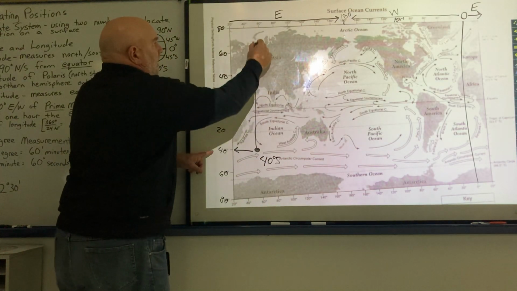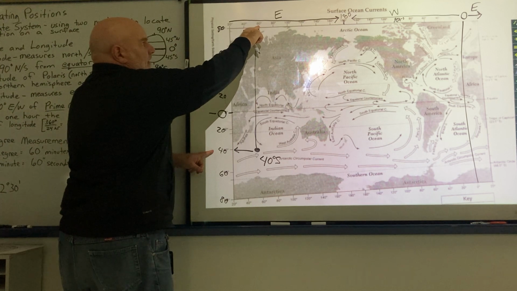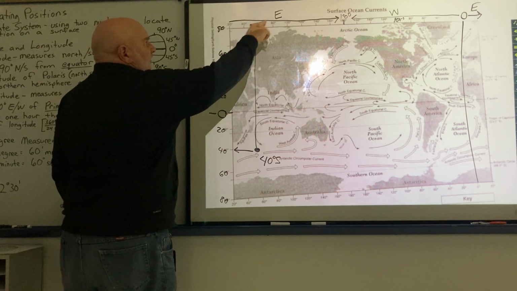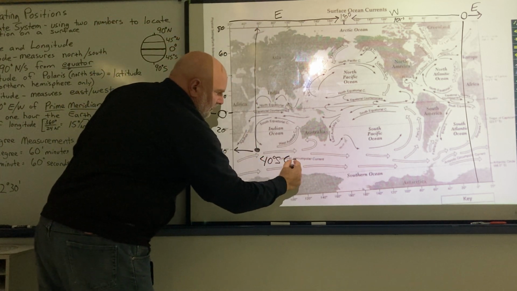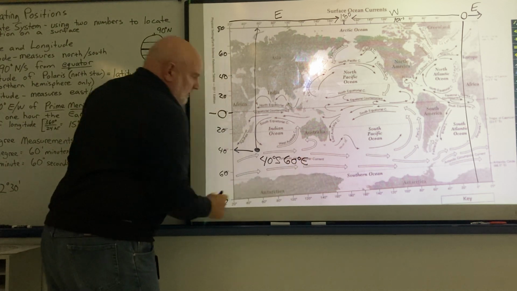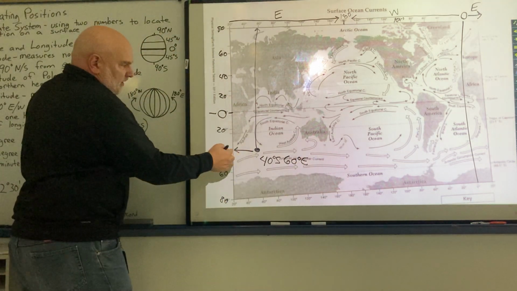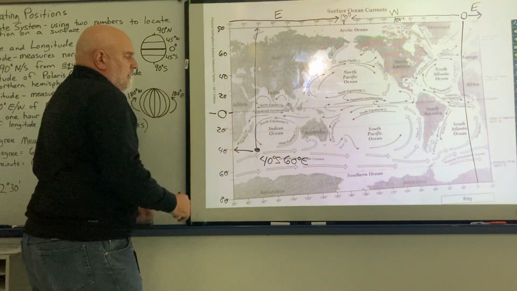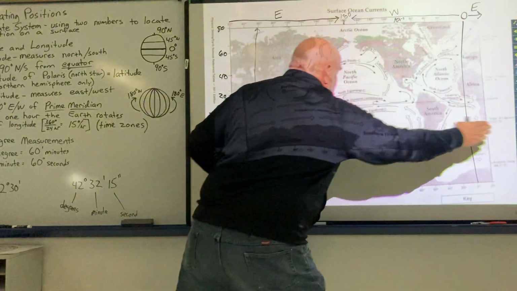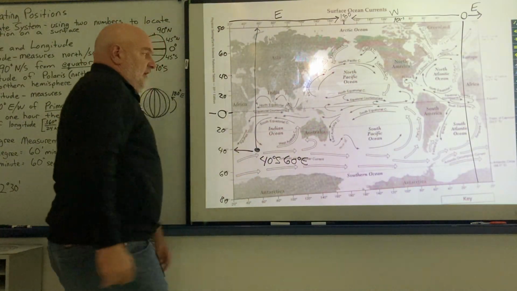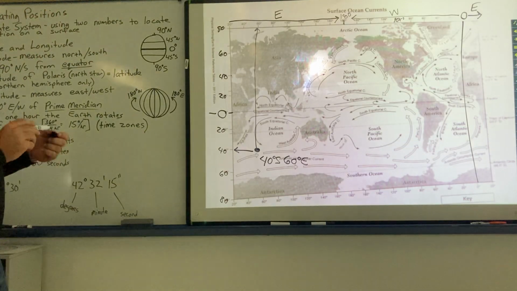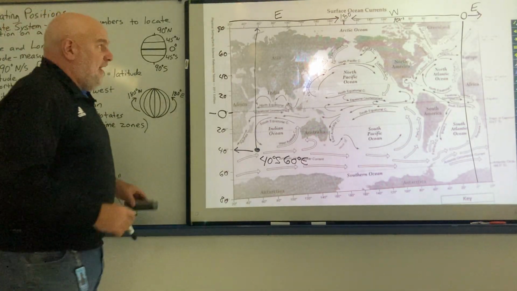And then my longitude would be like right about there. And that'd be about 60 degrees east. All right, so that right there would be 40 south, and then 60 degrees east. So that's how you define locations on that map.